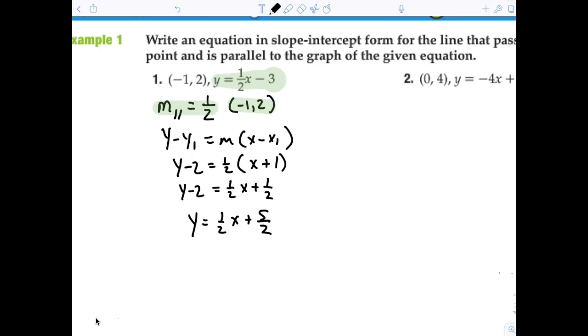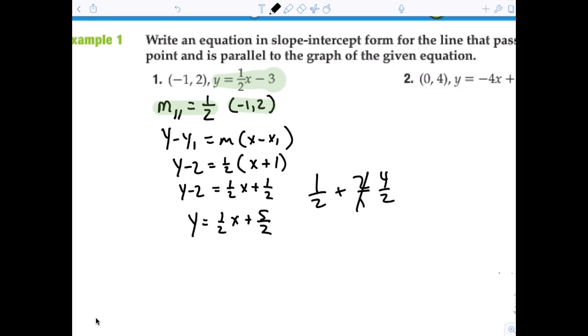Now, if you don't know how I got 5/2, raise your hand. 1/2 plus 2. 2 over 1. 2 is the same as 4/2. 4/2 plus 1/2. 5/2.